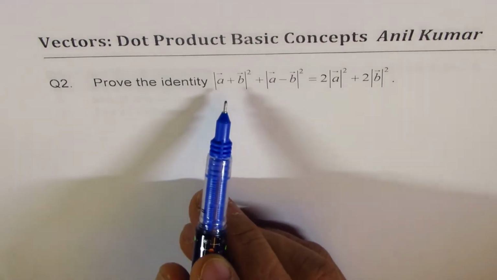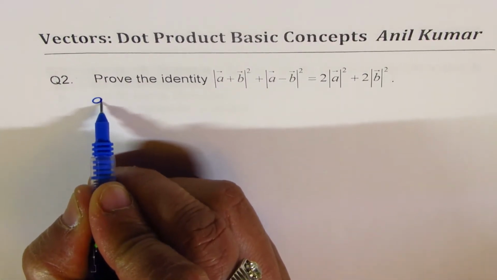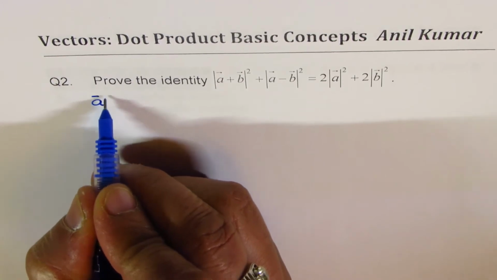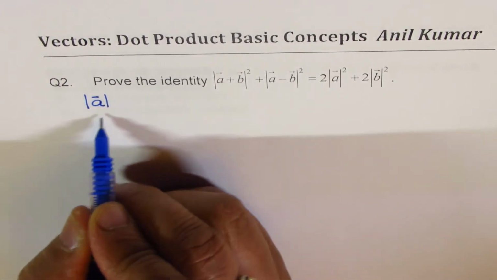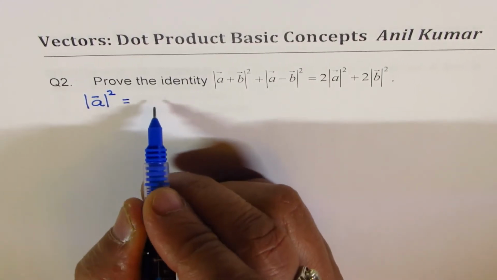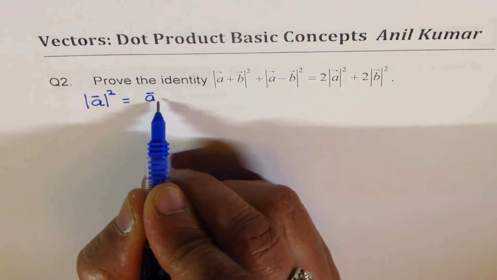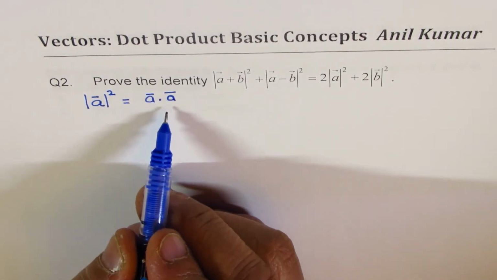We'll use the property of dot product, which is that if I have a vector A, then the magnitude square of a vector is equal to the dot product of the vector with itself. So that is a property of dot product.